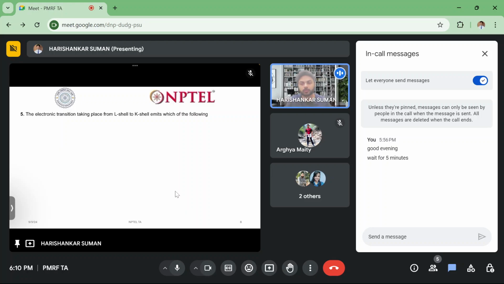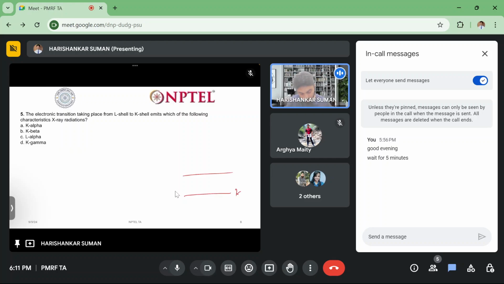Next question. The electronic transition from the L shell to the K shell emits which of the following characteristic X-ray radiation? Options: K alpha, K beta, L alpha, K gamma. Let's see.